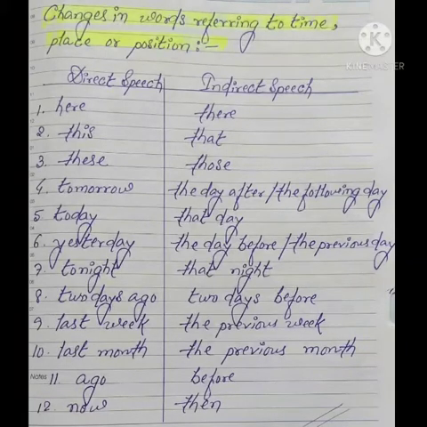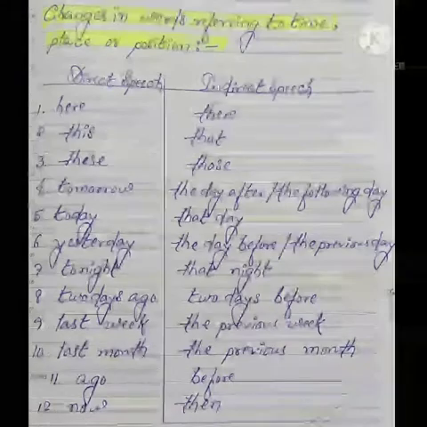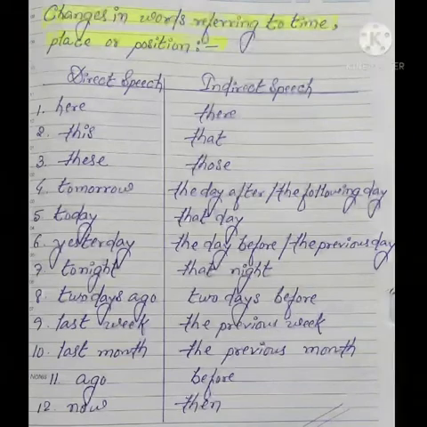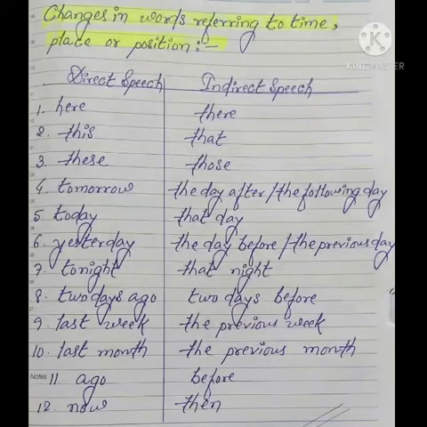So these are the basic things which you have to keep in view while converting direct speech into indirect speech. That's all in this video. Again I will come back with a new video, and in that video we'll discuss narrations only, and take a look at the conversion of different types of sentences into indirect speech.